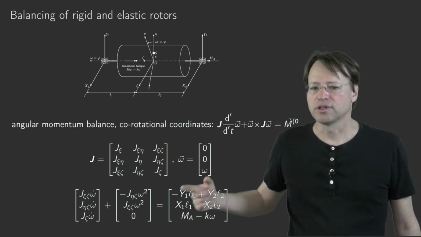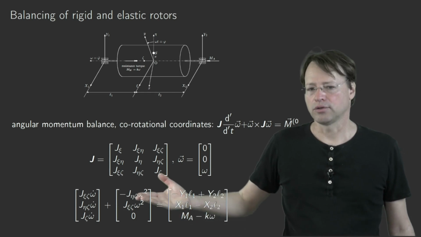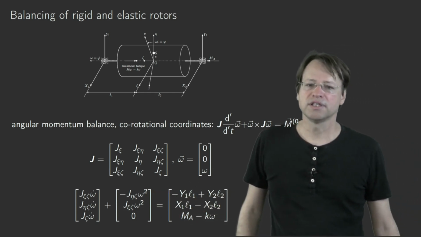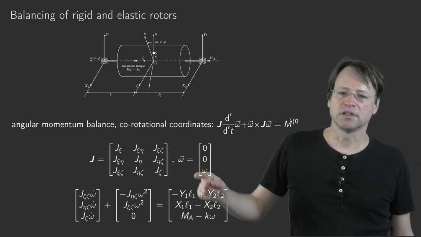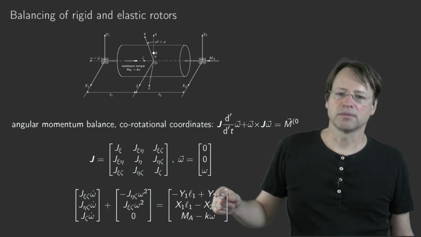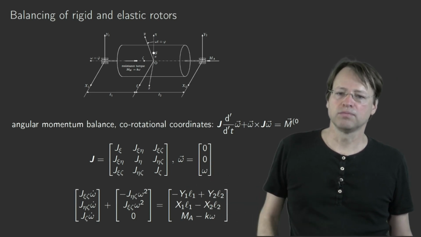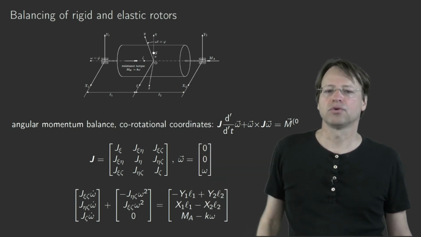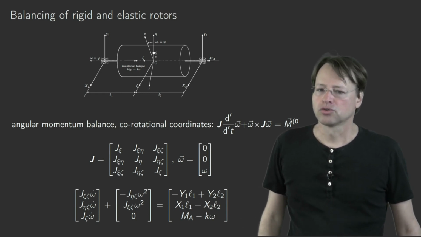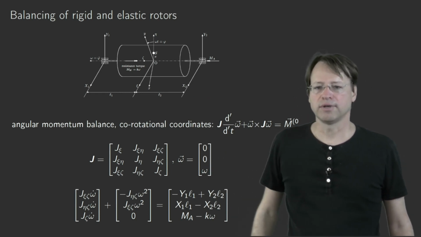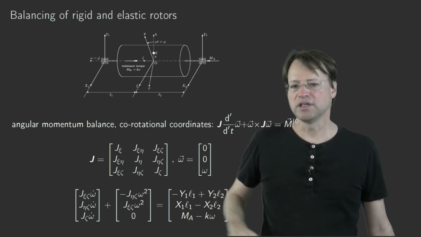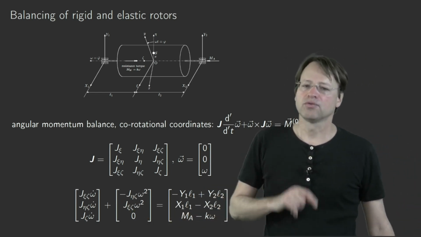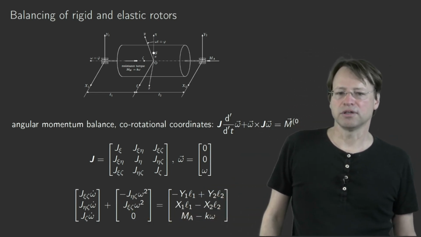Once we have a stationary state, we cannot use that last equation, and we will see that there are four unknowns here: X sub 1, X sub 2, Y sub 1 and Y sub 2, because you do not know the reaction force at the bearings. So four unknowns, but only three equations, and in total 5 unknowns with omega. So we need, of course, also the balance of linear momentum here.